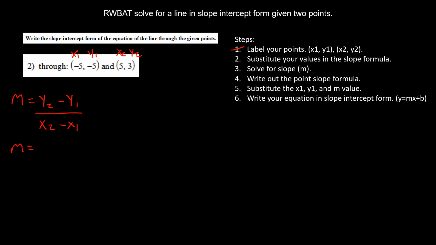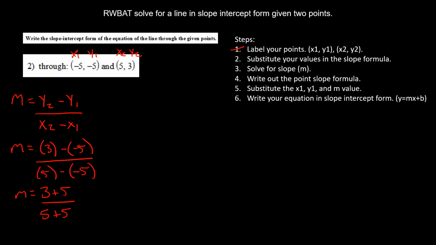So I get m equals y2 is going to be 3 minus y1, -5, over x2, which is 5, minus x1, which is negative 5.